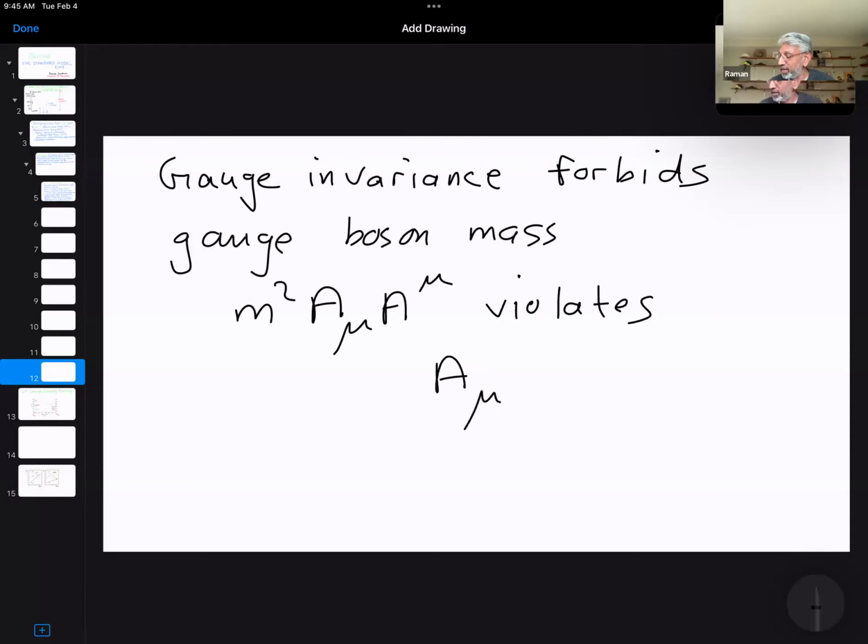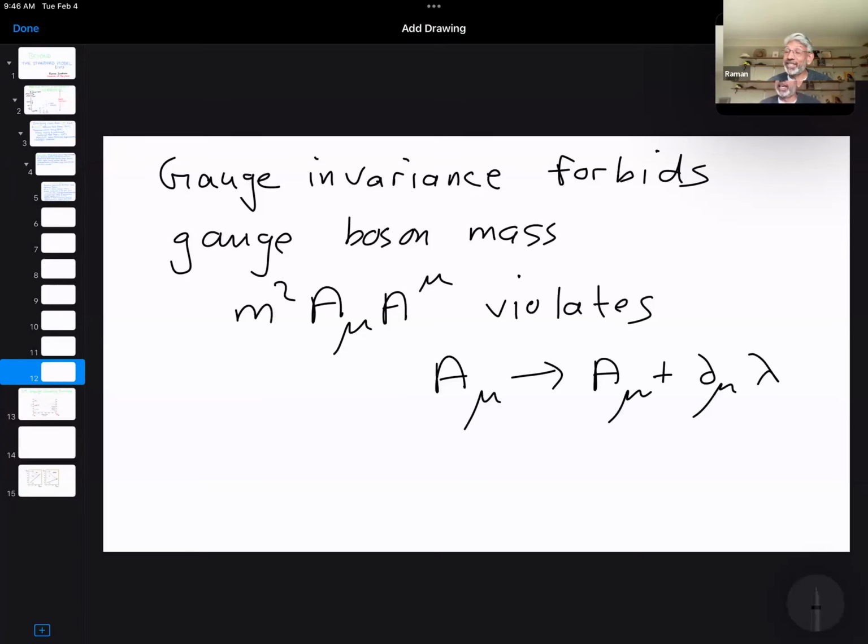Even the simplest abelian kind of gauge transformation fails, right? So we understand in one shot why almost every particle in the Standard Model is massless, as long as we have this symmetry.